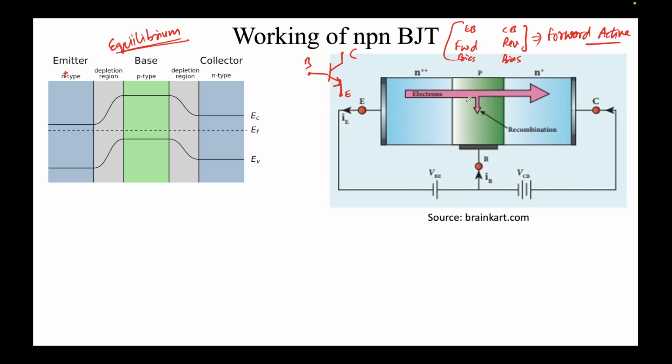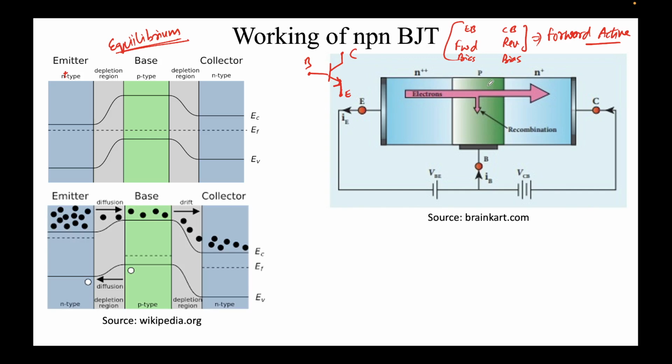What's happening over here, the flow that I've shown here, we will analyze in this picture. So I'll just focus on this, and let's first identify whether it's at equilibrium or not. It is not. You can see the EF shown in dotted line as 3 different quasi-Fermi levels.